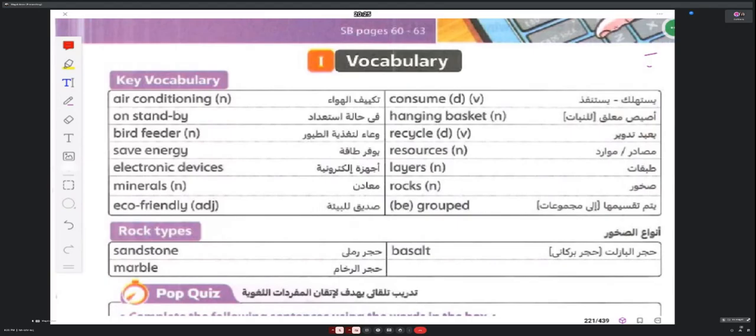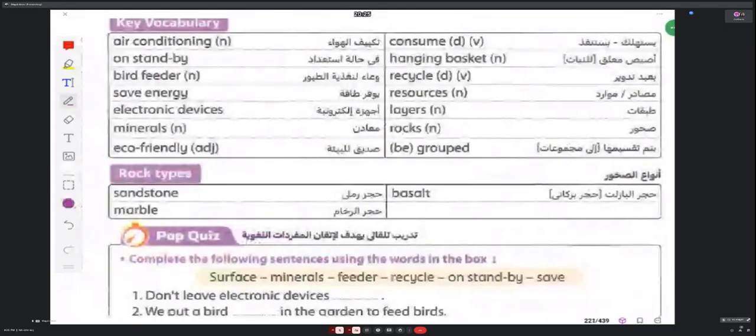Sandstone, marble, basalt. Lamar, can you read, please?